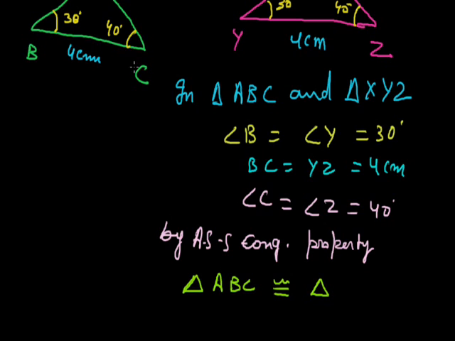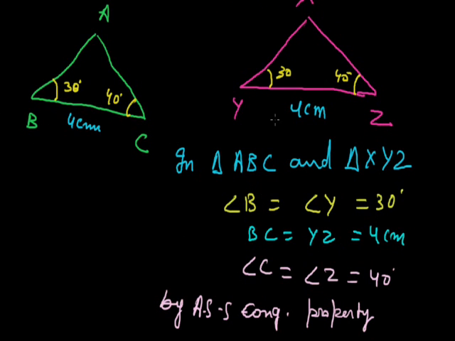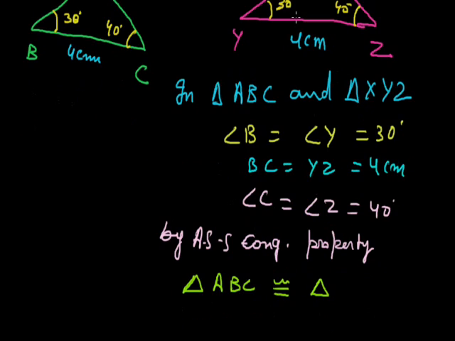Since angle B is equal to angle Y, angle C is equal to angle Z, then angle A will naturally be equal to angle X. So we have to write here that angle A is equal to angle X, then angle B is equal to angle Y and angle C is equal to angle Z. So these two triangles are congruent.